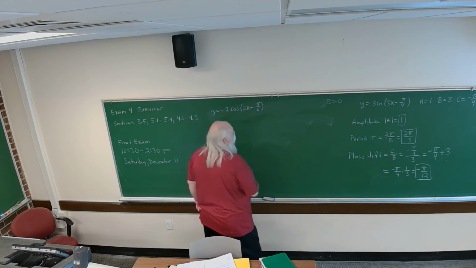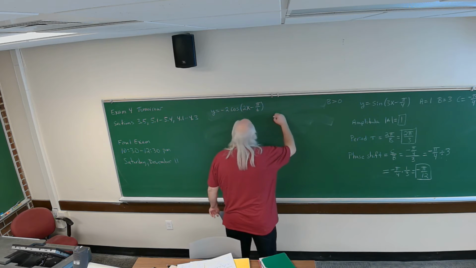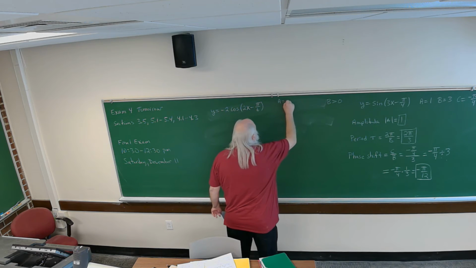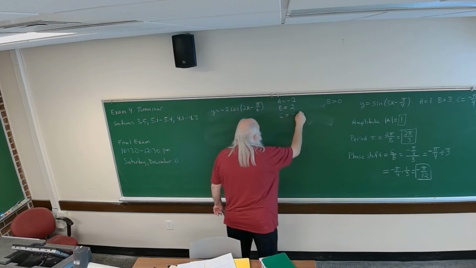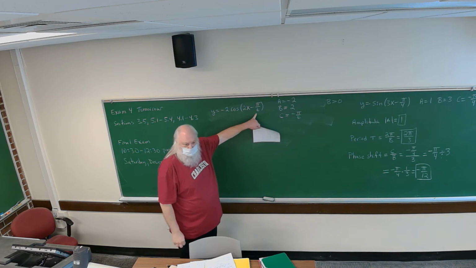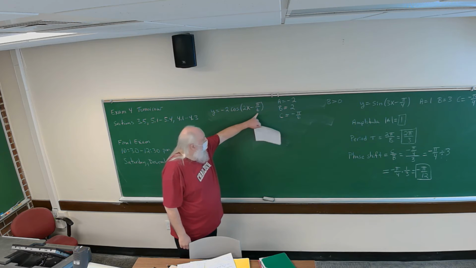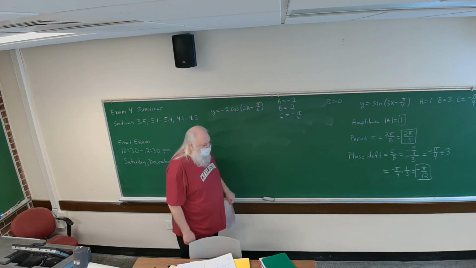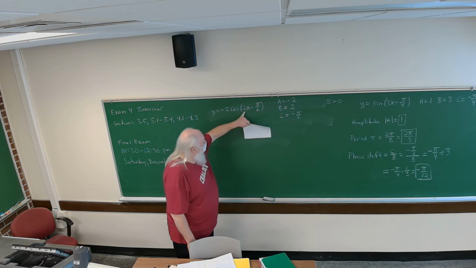So in this example, a is equal to minus 2, b is equal to plus 2, and c is equal to minus pi over 6, right? So you can't say that the horizontal shift is minus pi over 6 radians because it's c divided by b.